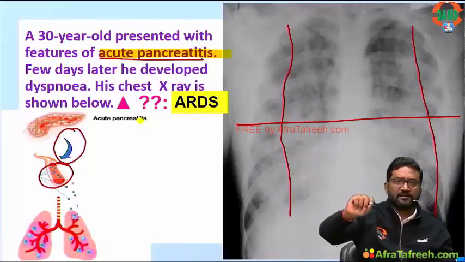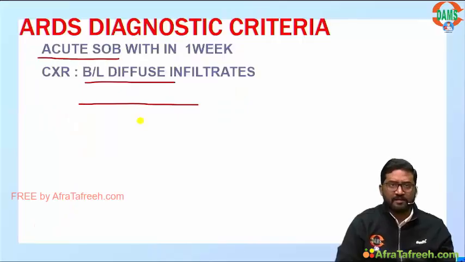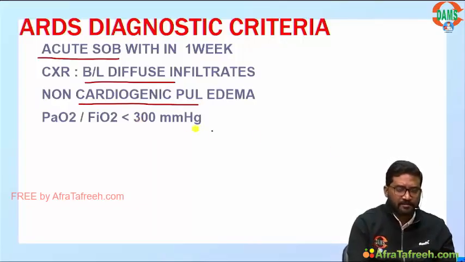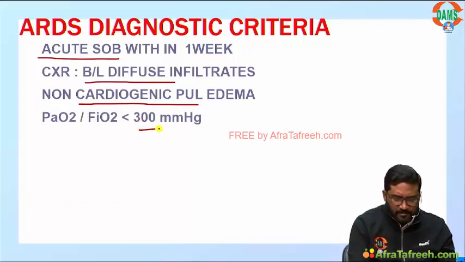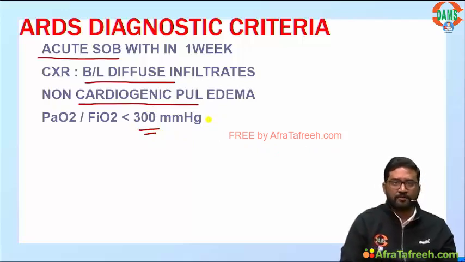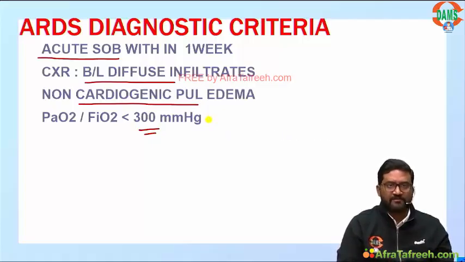The end result is alveoli filling with some inflammatory exudate. So this is not due to left heart disease. So it is called non-cardiogenic pulmonary edema. And PaO2 by FiO2 ratio, the criteria. These are some standard criteria. You should know these numbers. PaO2 by FiO2 ratio will be less than 300 mmHg.